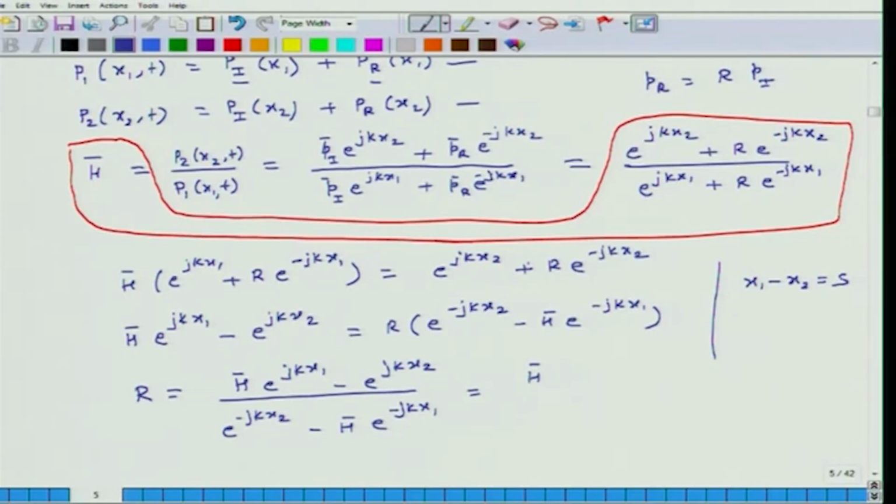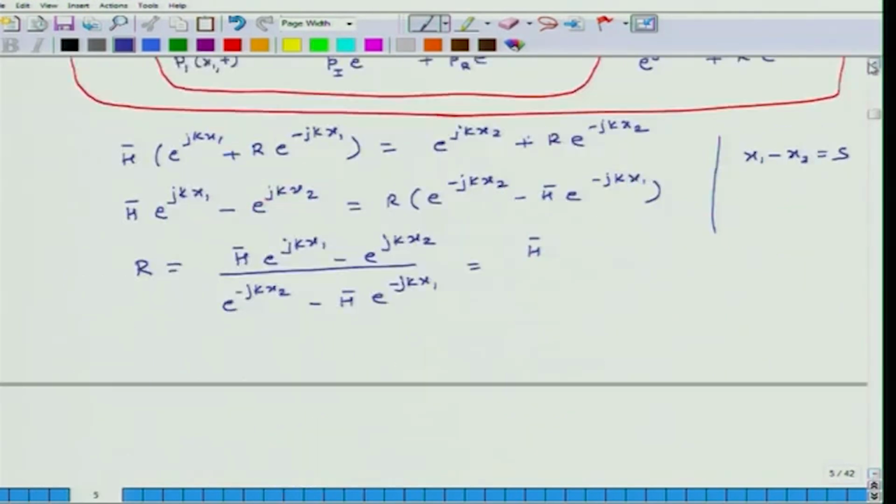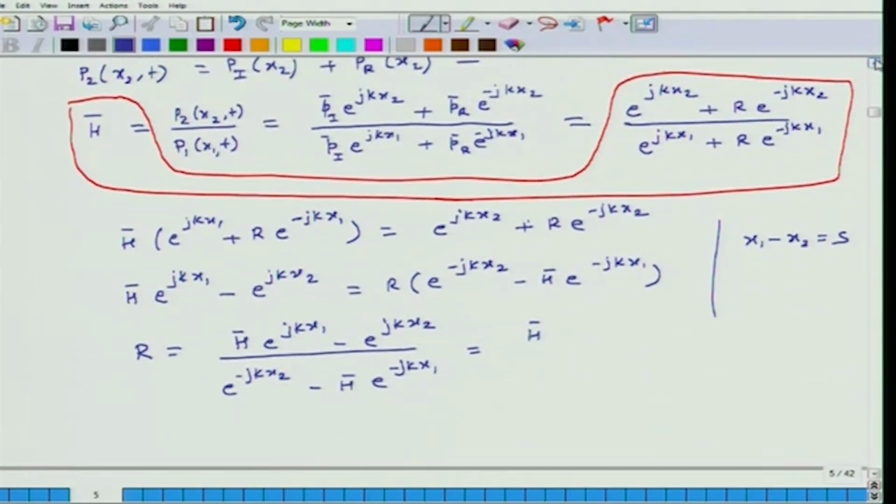If you look at this picture, this is x1, this is x2, so x1 minus x2 is s. So my relation becomes h bar minus e^(jk(x2 minus x1)), so it is basically e^(-jsk).